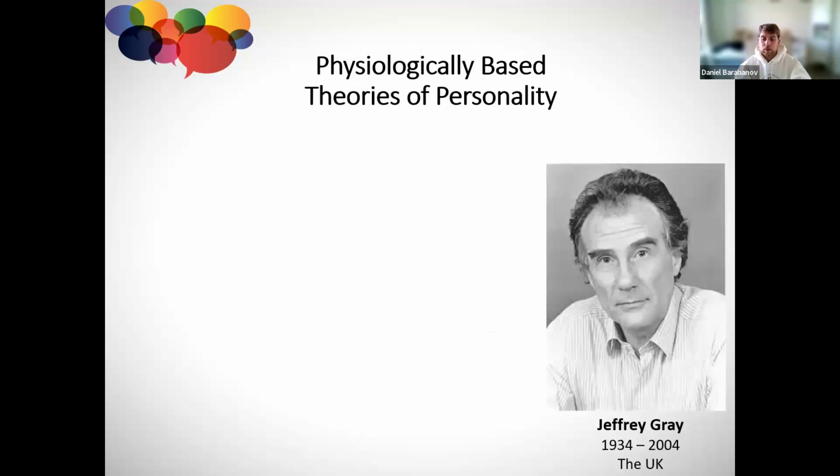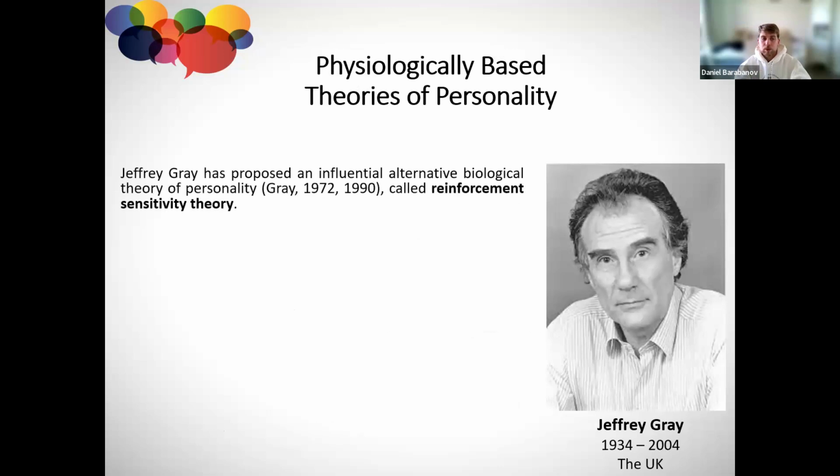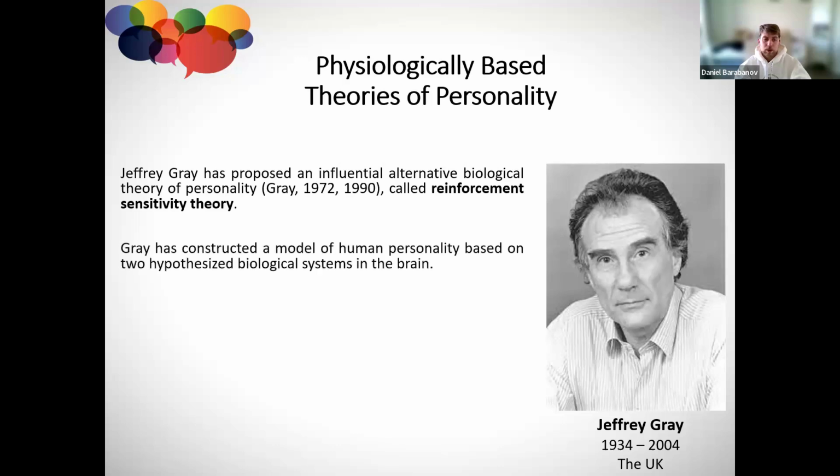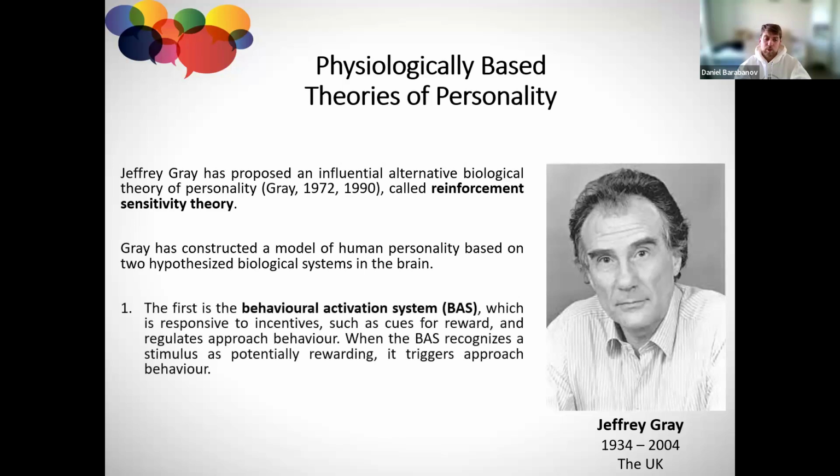Jeffrey Gray, a bit later, tried to hypothesize an interesting construct, after which he created the so-called reinforcement sensitivity theory. So what was the idea? Gray tried to construct a model of human personality based on two hypothesized biological systems in the brain. The first system was called the behavioral activation system, or BAS, which is responsive to incentives such as cues for reward.